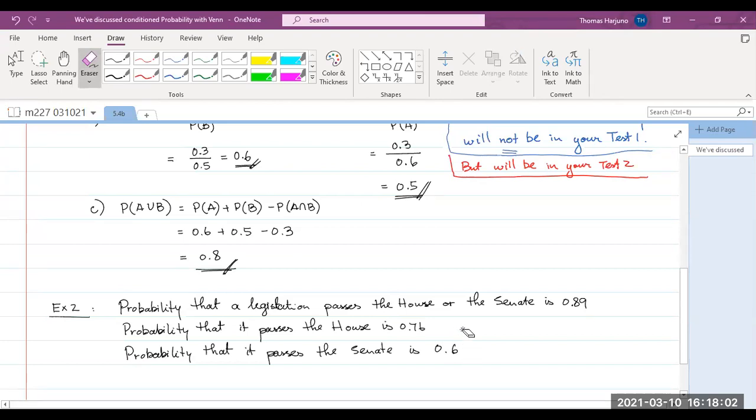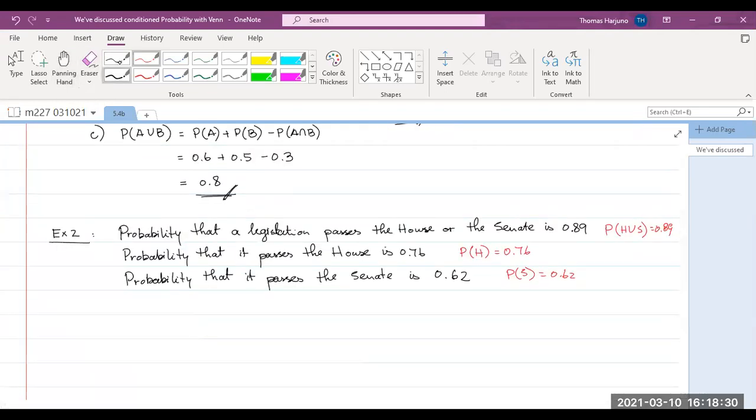So notation-wise, this is basically probability that it passed the House or Senate is 0.89. Probability that it passed the House, not House only, House regardless of passing the Senate or not, is 0.76. Probability of passing the Senate is 0.62.